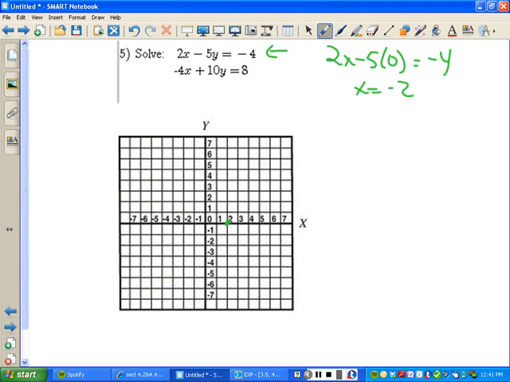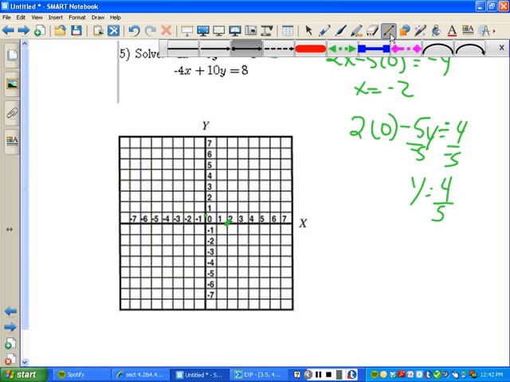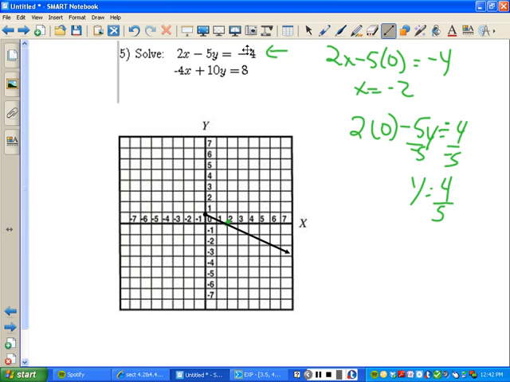Now the y-intercept, if you plug in x is 0 and you divide by -5, you get y is equal to negative divided by negative, which is positive 4/5. Do we agree? So positive 4/5, it's in here somewhere. And so there's your line. Your line would start here, go through there, something along that magnitude. Do we agree?